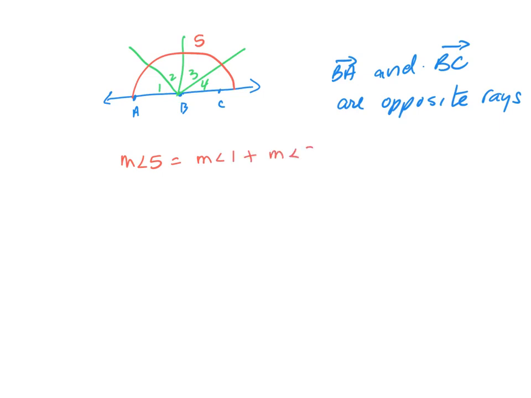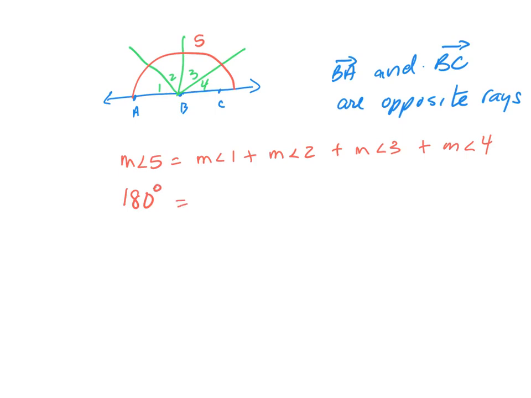Measurement of angle 4, measurement of angle 3, measurement of angle 2, measurement of angle 1 equals 5. But we also know that 5 adds up to 180 because it's on a straight line, okay?